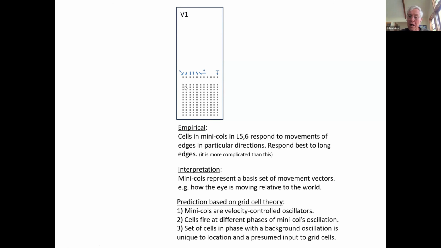But what grid cells require, and I'll show you a paper showing this, is a velocity controlled oscillator, meaning there are cells firing at some frequency, and if the animal is moving in a direction, then that frequency increases. So there's a background frequency, and then if you start moving, this whole column would become active saying, we're moving in this direction. And the faster I move, the faster the oscillation of these cells. That's what a velocity controlled oscillator means.